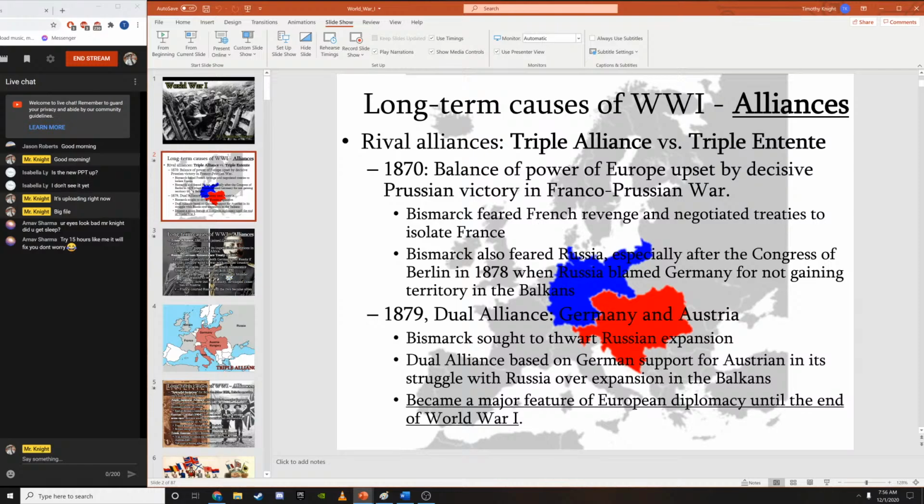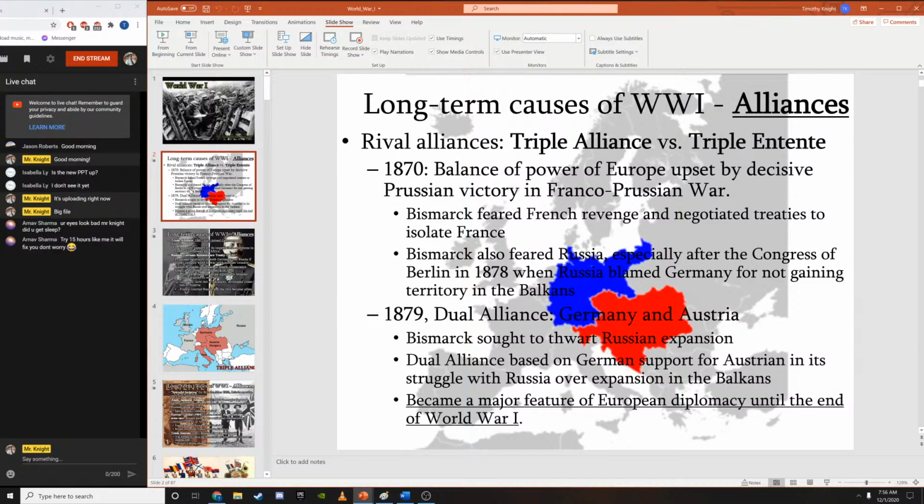So Prussia and France go to war against one another, and in this conflict, which is known as the Franco-Prussian War, Prussia comes out victorious.